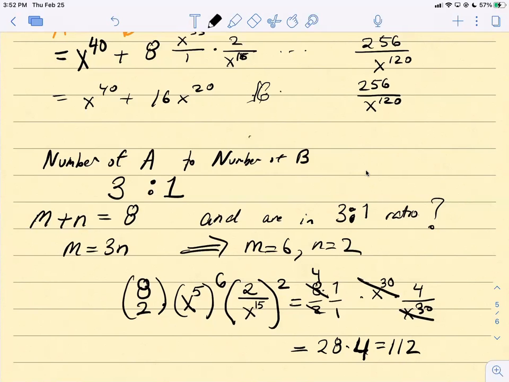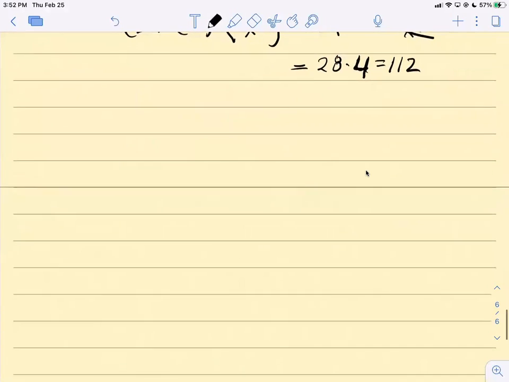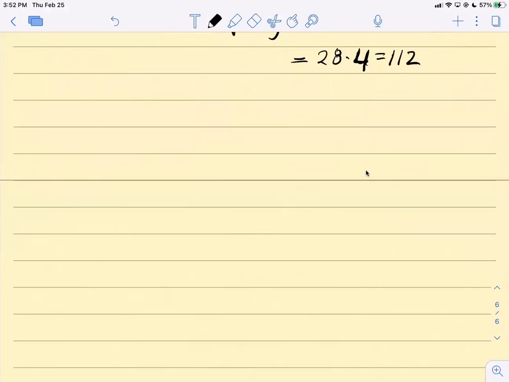I want to show you some patterns that are in Pascal's triangle. So just to remind you, Pascal's triangle comes from rows of all the combinations. So we start with 0 choose 0, and do 1 choose 0, 1 choose 1. Then 2 choose 0, 2 choose 1, then 2 choose 2.